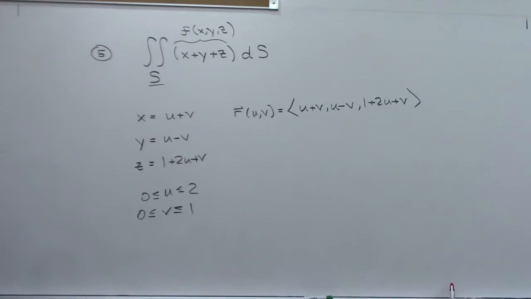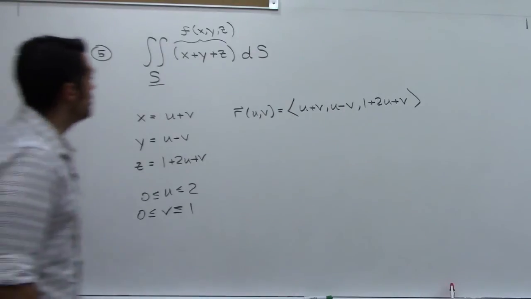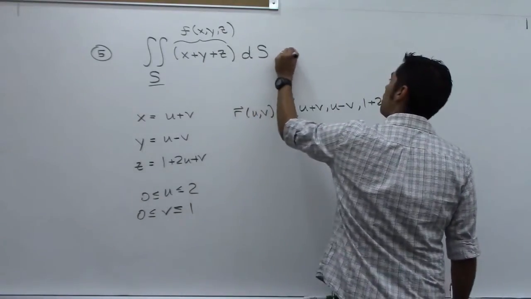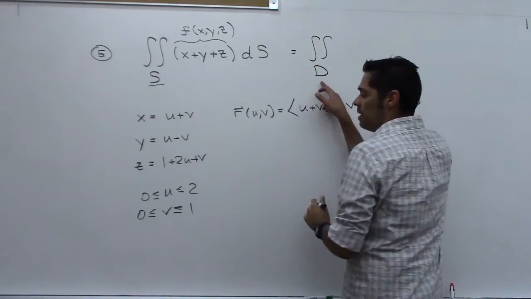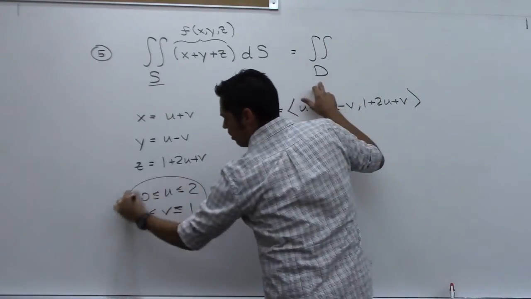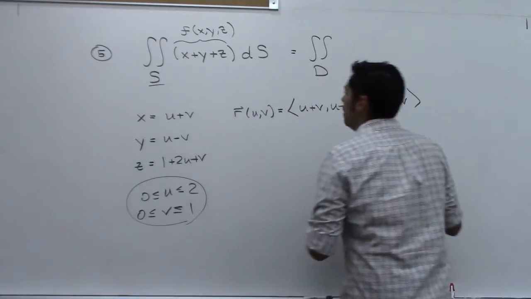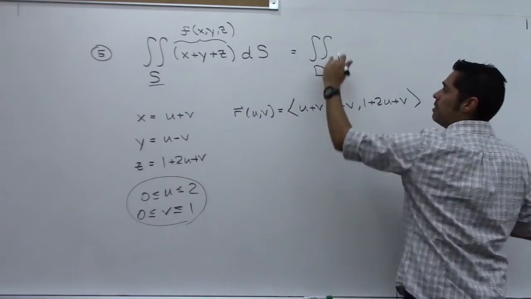All right, so I'll do it exactly the way I did it there. What we're going to do is convert this into a double integral over the region D. Now D comes from our restrictions on u and v. That's going to give us our limits of integration.